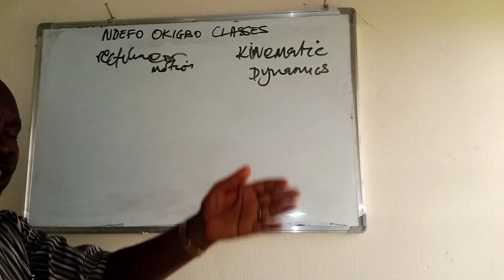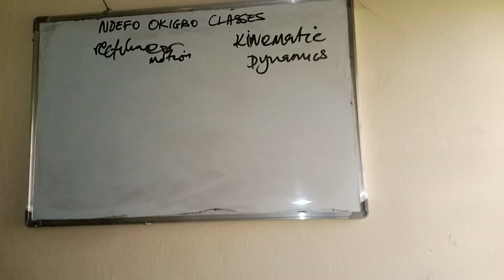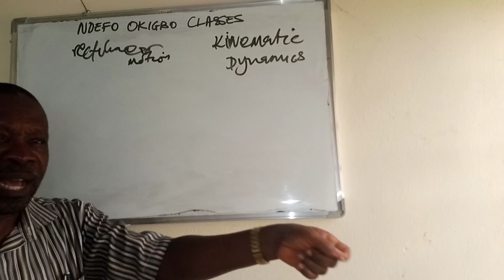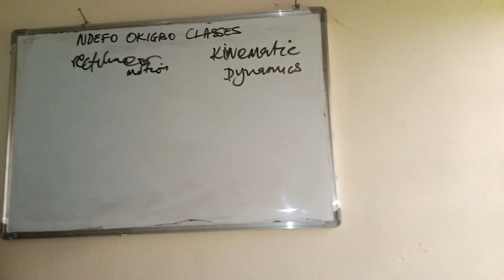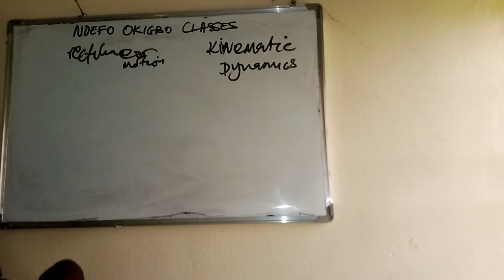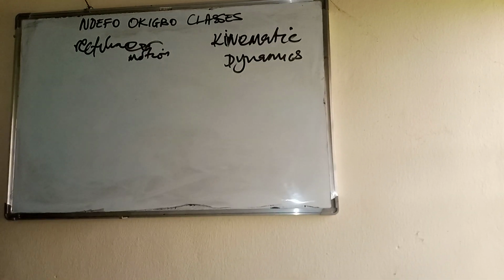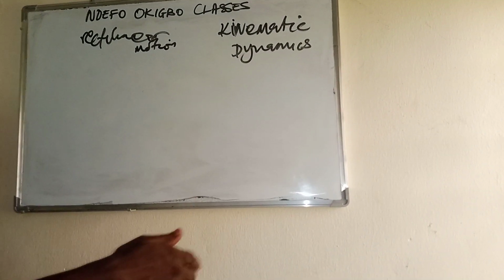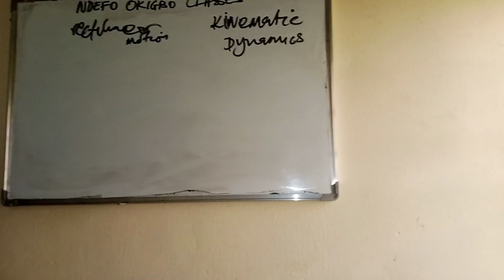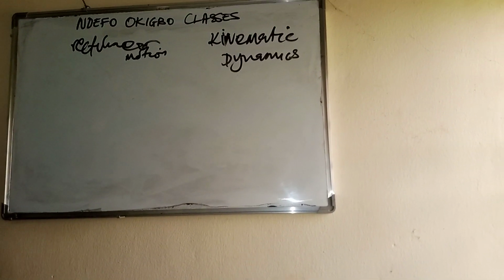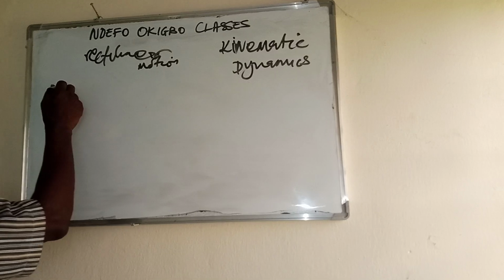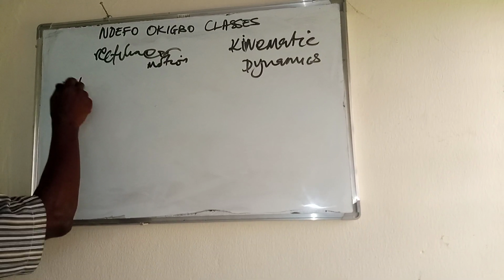As the movement is going on, we check how far the movement has gone in a particular time. When we do that, we start thinking of the rate of movement, the rate of change of distance or rate of change of displacement. When we talk of rate of change of displacement, we have velocity.